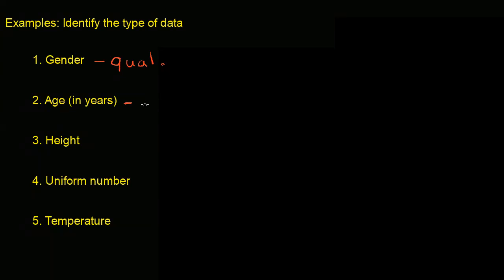So this is numerical data that can be ranked. Someone who's 10 is younger than someone who's 13. Because it's rankable numerical data, that makes it quantitative, and because it's countable, that makes it discrete. So quantitative and discrete.